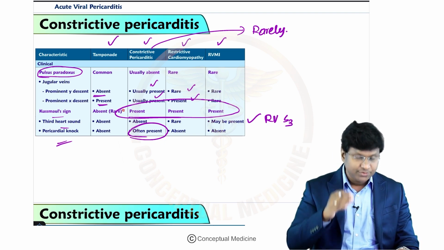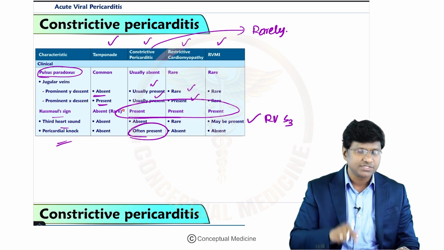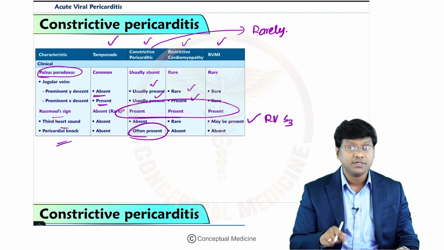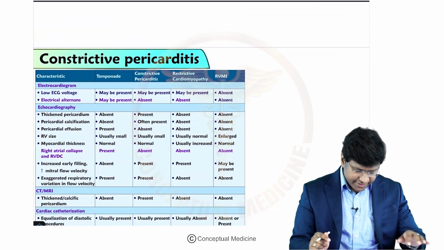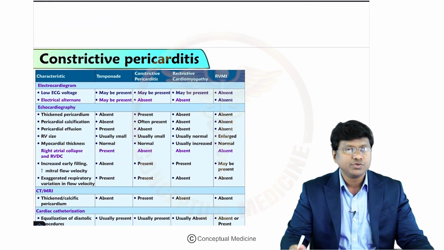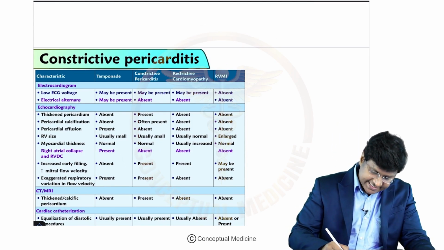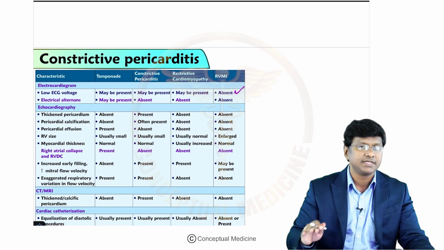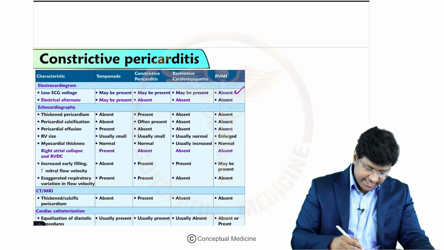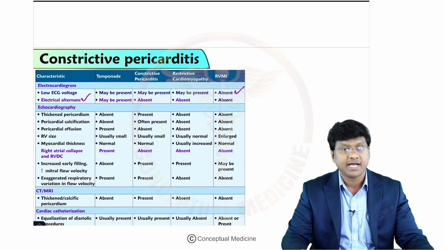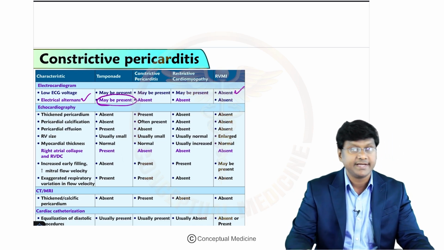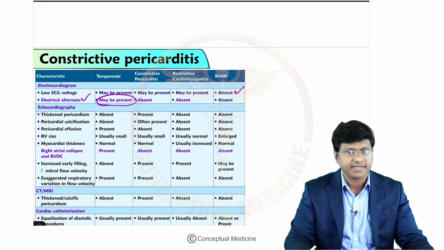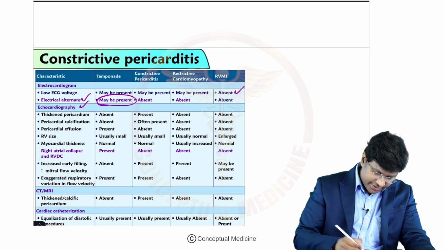Why am I telling you the differential diagnosis of these conditions? Because in all of these you have diastolic dysfunction. How will you differentiate them based on the ECG? Except in RVMI, in all other conditions you have low voltage complexes. And electrical alternans is present in patients with cardiac tamponade. Then coming to the echocardiography.